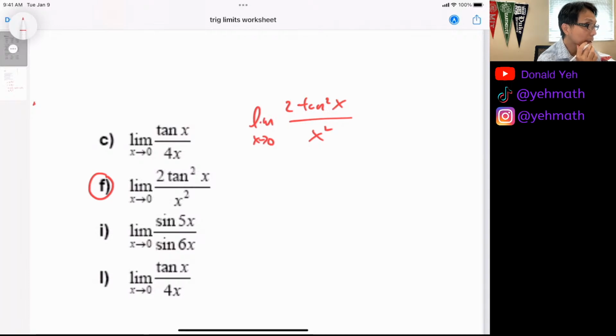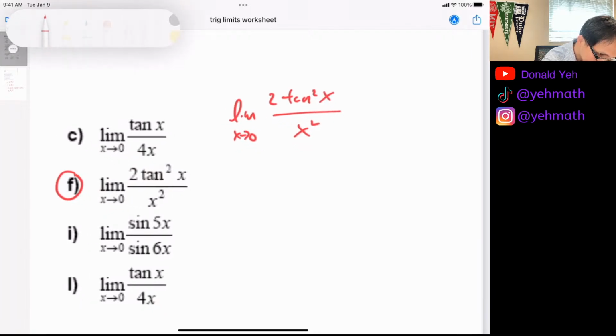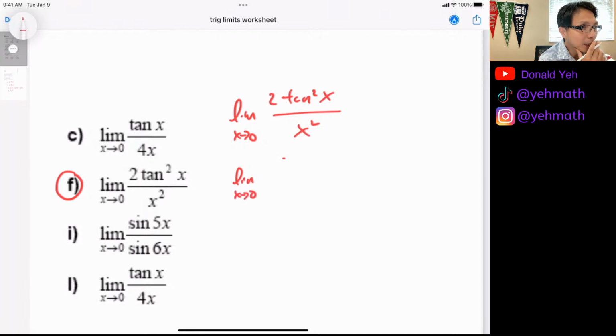So in this case, what can I do with tangent squared?